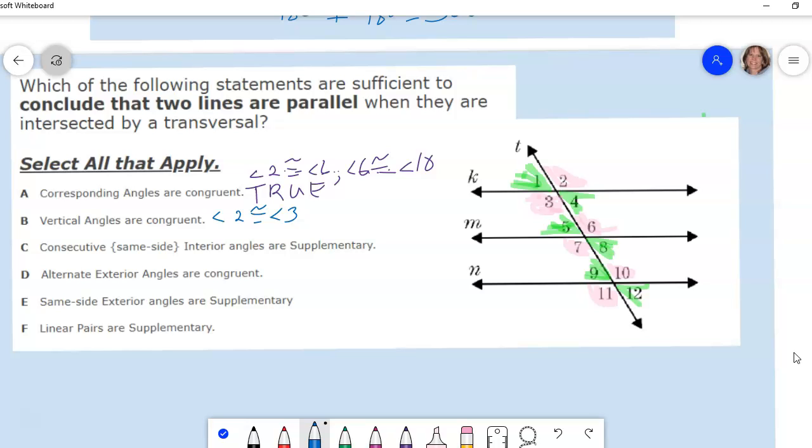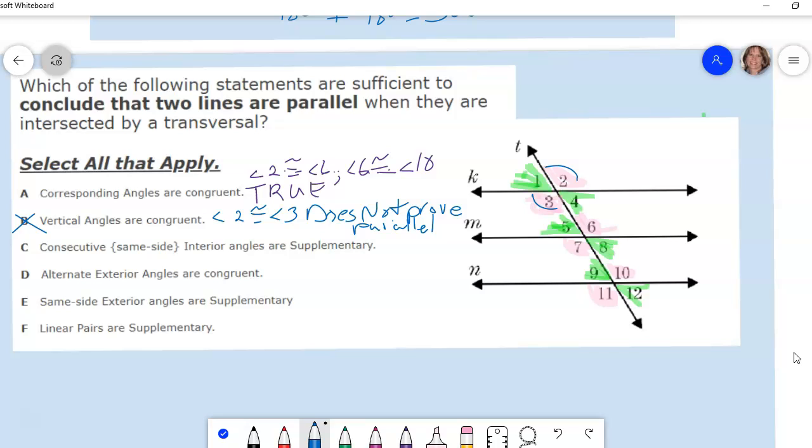I don't think so, because if you notice, 2 and 3 are only cycling around the angles formed by line K and line T. So vertical angles being congruent, which is true by definition, does not help us prove parallel lines. So that does not prove parallel lines. Okay, so B is not an option.